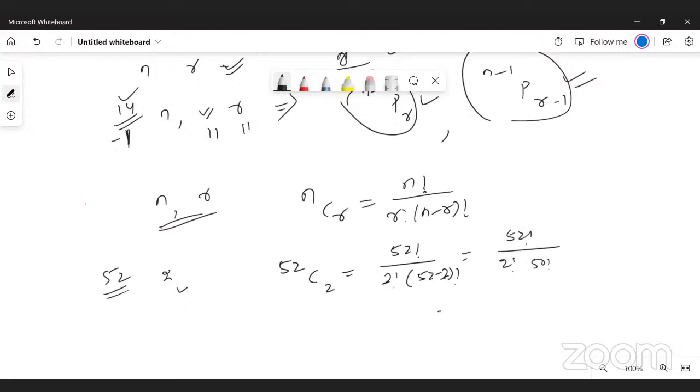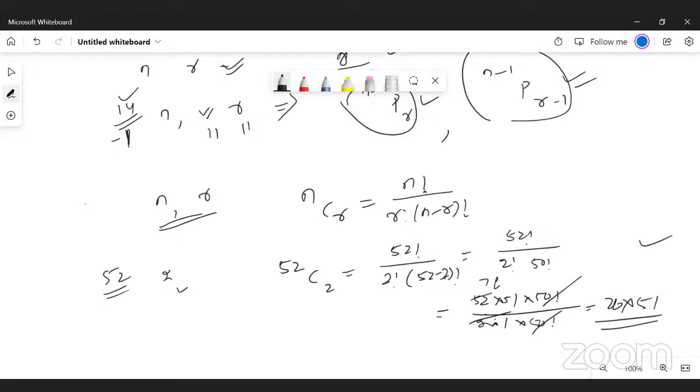Simplify it: 52 into 51 into 50 factorial divided by 2 into 1 into 50 factorial. 50 factorial cancels out, then 2 divides 52 to give 26, so the result is 26 into 51. That is the way you have to select the things.